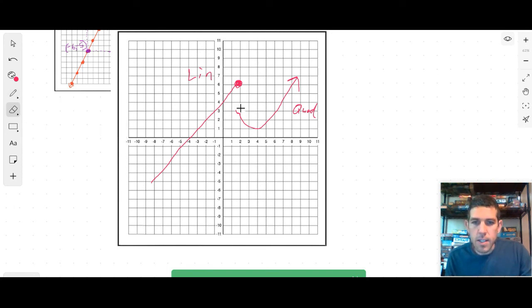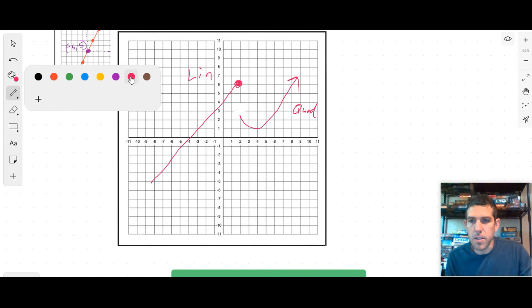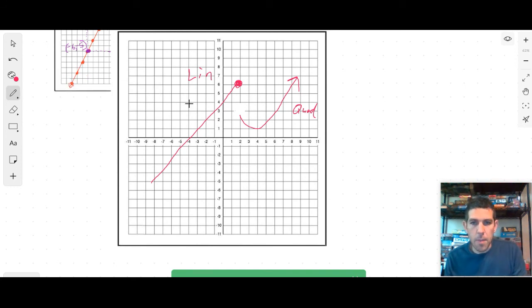The other thing that's interesting is that the functions don't always have to connect. You may have noticed I did not connect these 2 functions. In fact, there could be a little gap in between the 2 functions. And usually when there's a gap, what they'll do is they'll make one of the functions an open circle. You see I just made an open circle there?